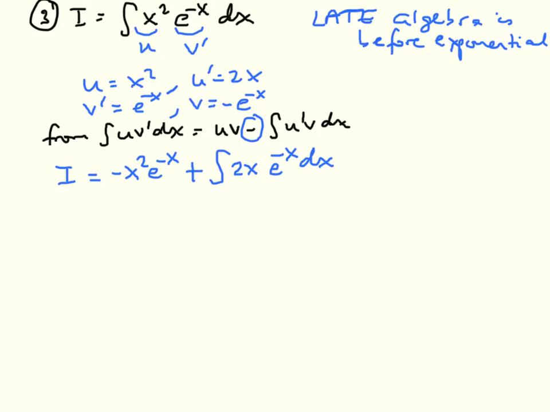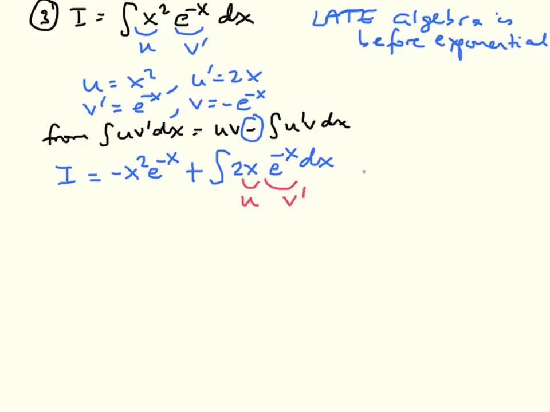is a standard integral. So let's look here, and let's say that this factor here, e to the minus x, is again v prime, and x here, I'll pull the 2 outside of the integral in a moment, x is going to be the u factor.